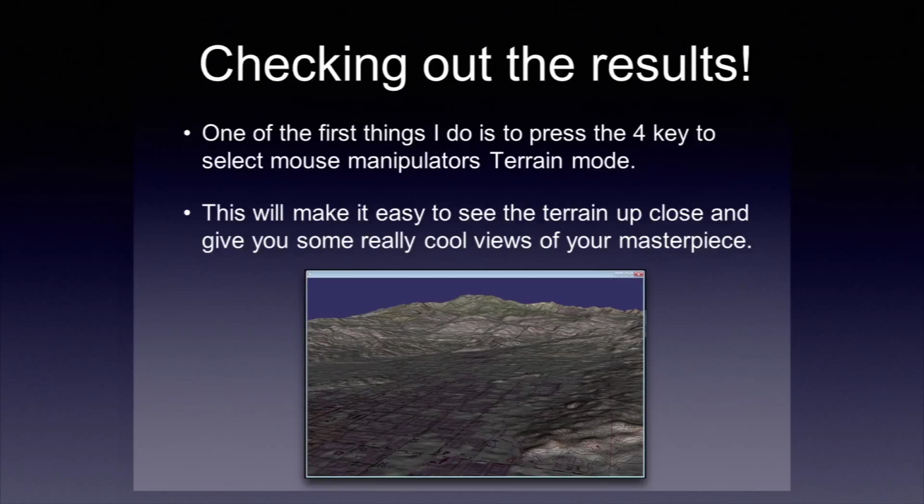One of the first things you want to do when you open the database up and get relatively close to the database with the center mouse button is press the 4 key. The 4 key puts OSG viewer in the terrain mode, which is the way you want to test this database.